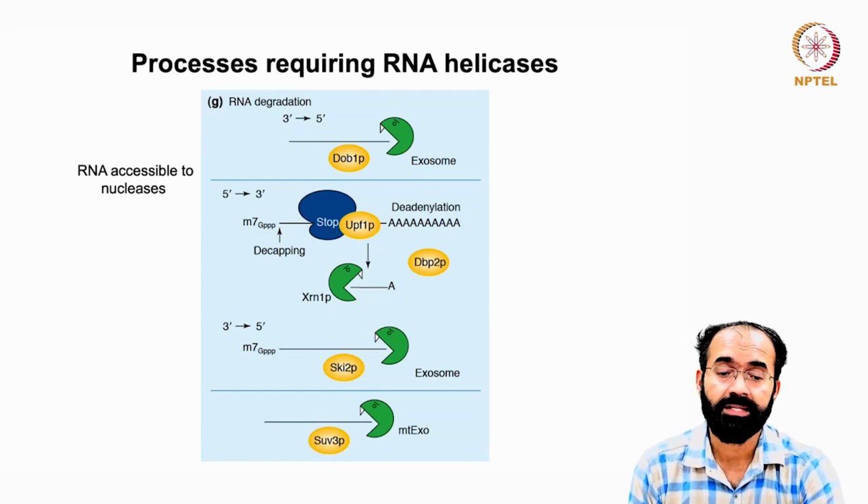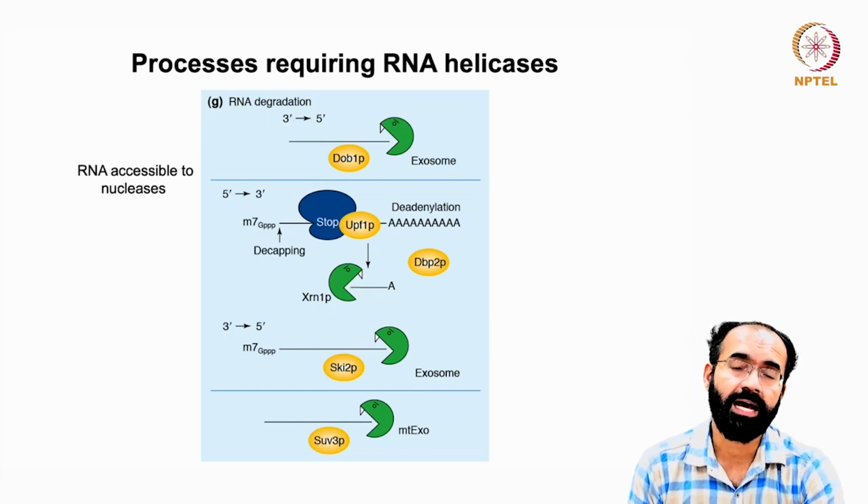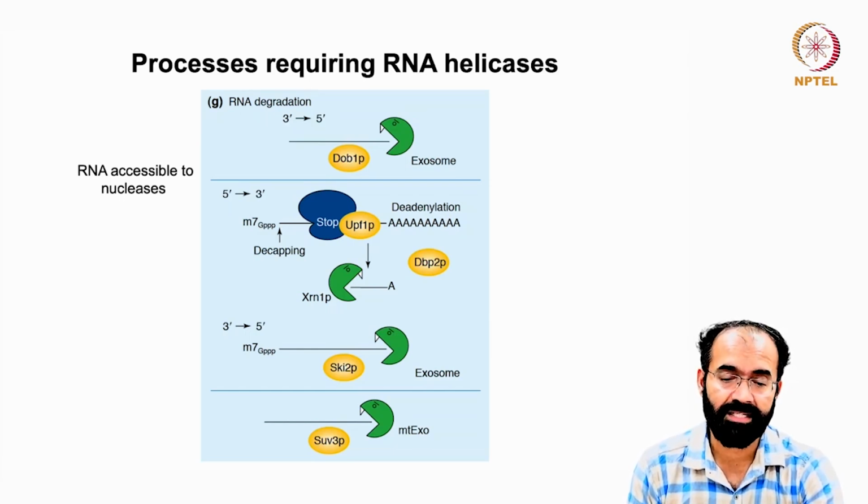And remember, this will be done for those RNA which have been utilized, that means it has encountered a stop codon. The ribosome, the blue color ribosome, is situated here. Once it has encountered the stop codon, UPF1P will come and disassemble the ribosome and the RNA. Then that will be an invitation signal for the decapping process.